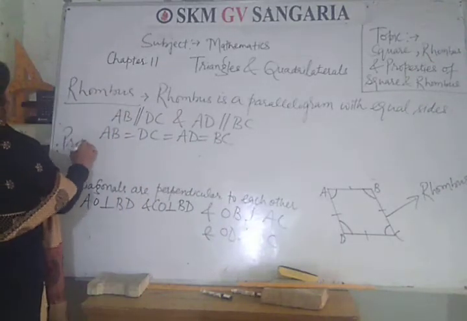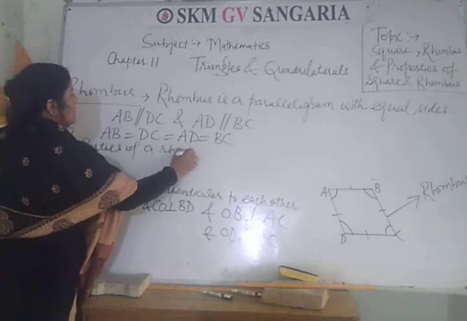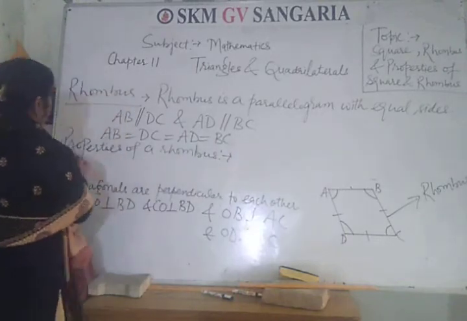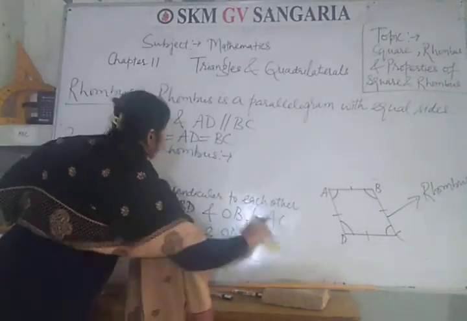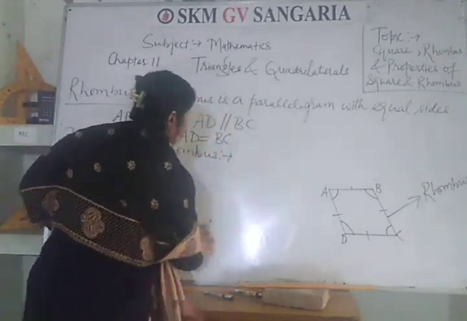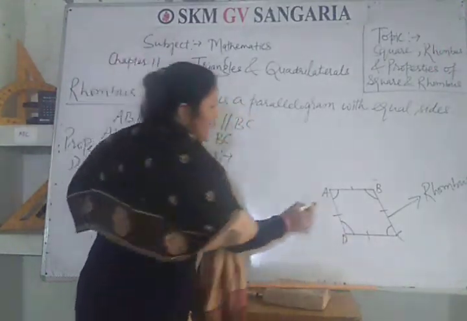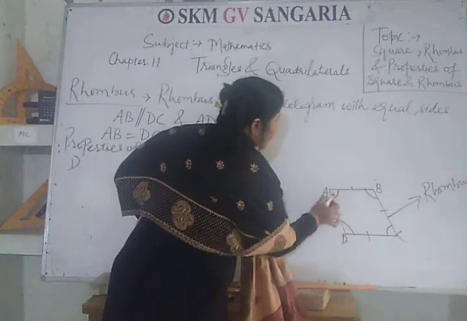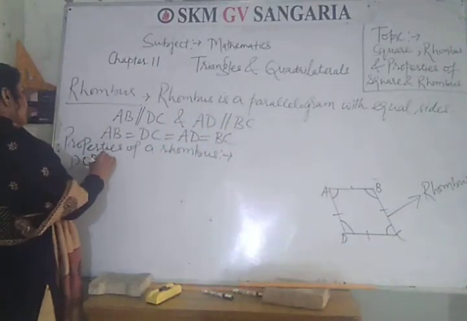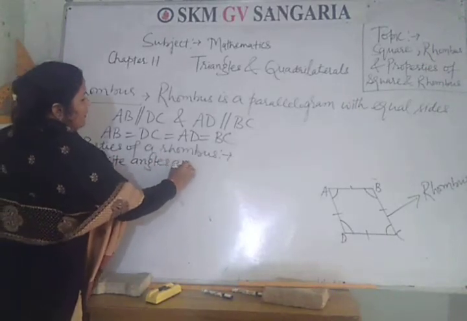Properties of a rhombus. Here, first, opposite angles are equal. Angle ADC is equal to angle ABC. Opposite angles are equal.